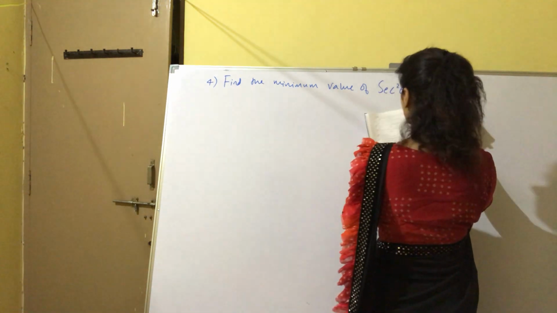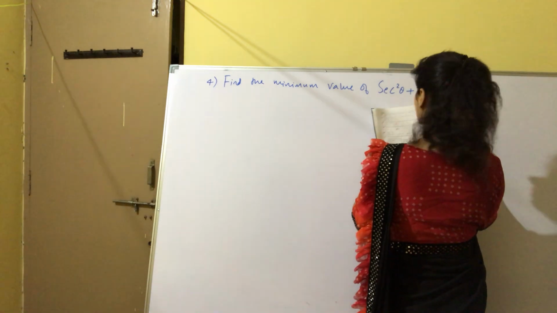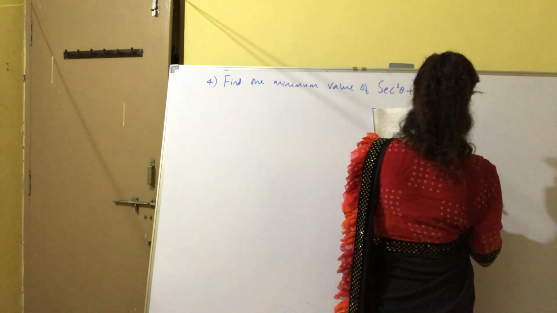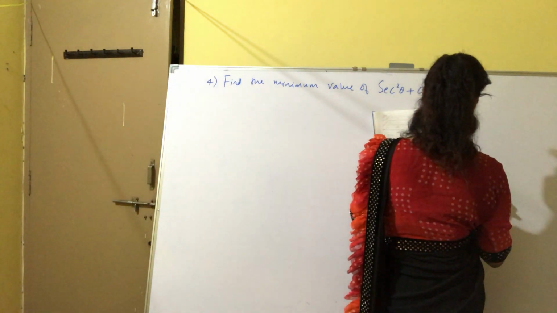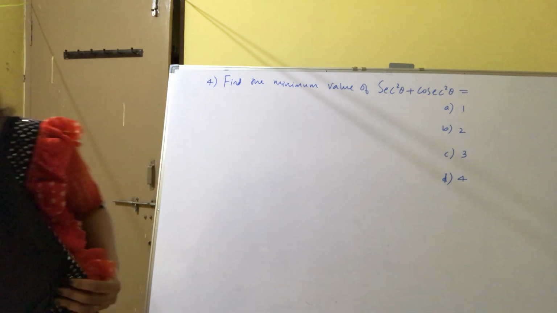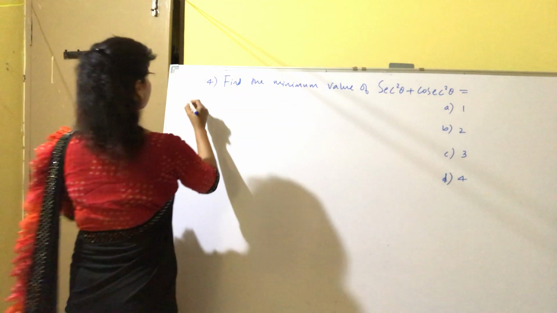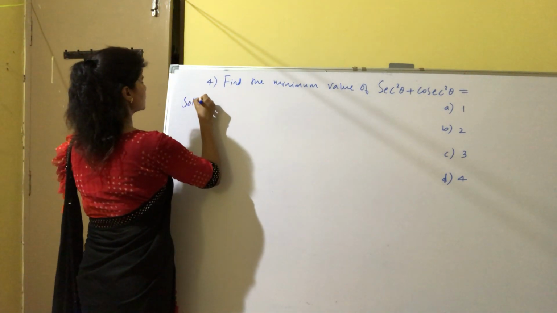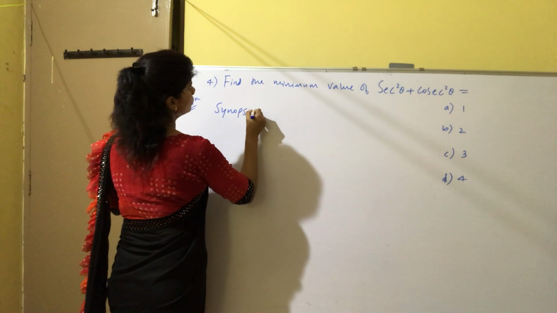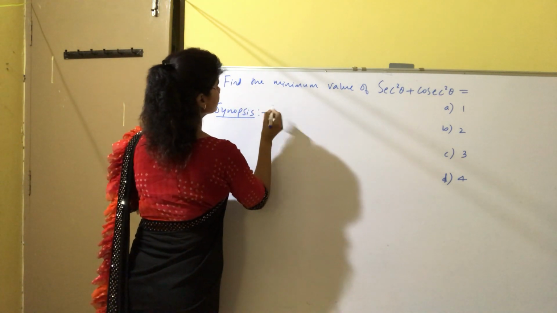So the options given are 1, 2, 3, 4. So one among them will be our answer, children. So for this, take down the synopsis. We use the point from the synopsis.